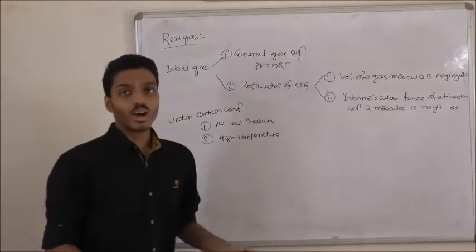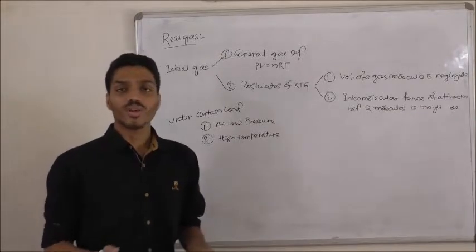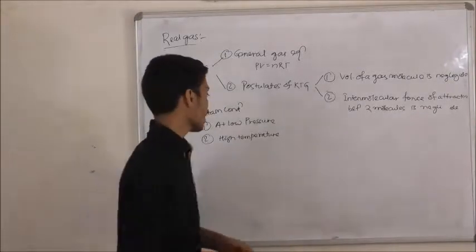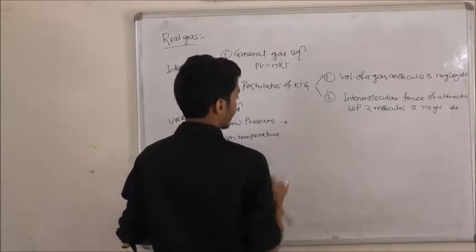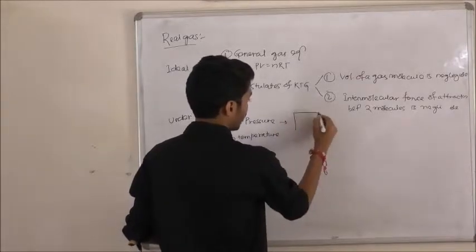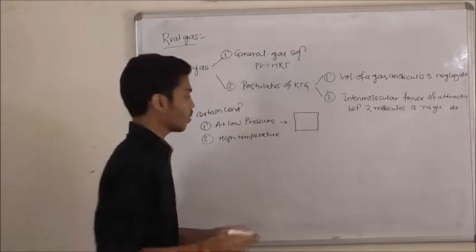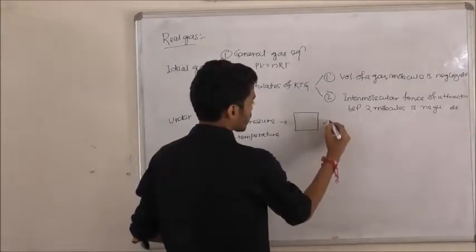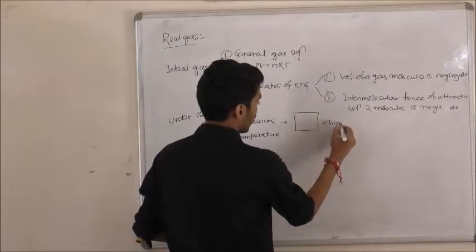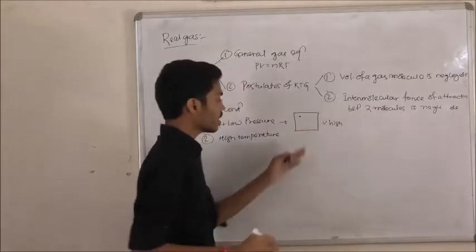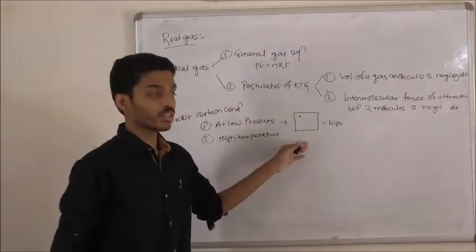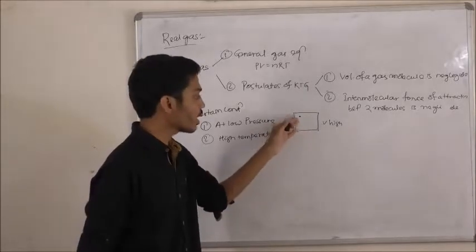So what happens under these two conditions that a gas behaves like an ideal gas? What happens at low pressure? When pressure is low, the volume is high. So when volume is high, the volume of a gas molecule present inside the container can be negligible as compared to the volume of the container.